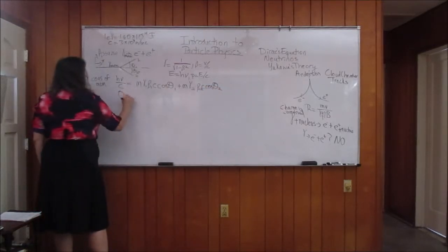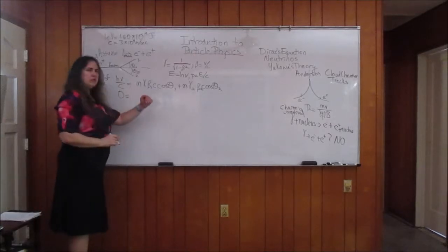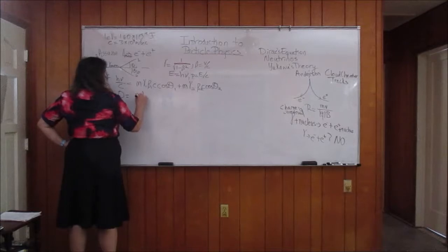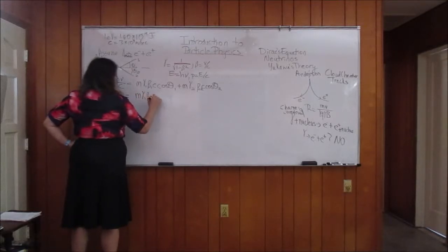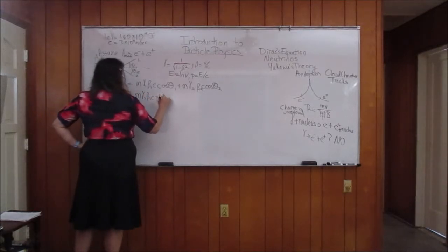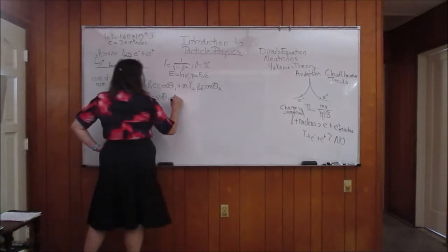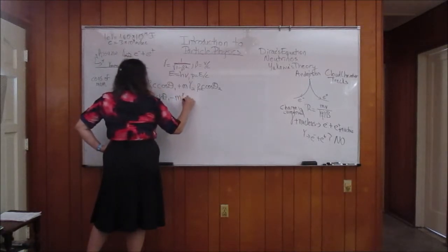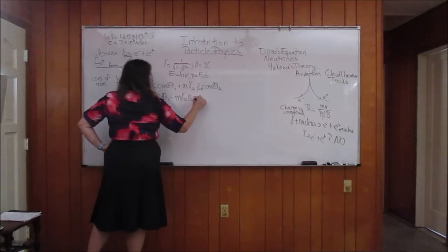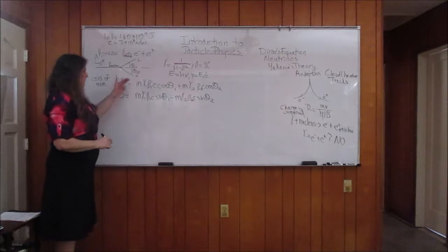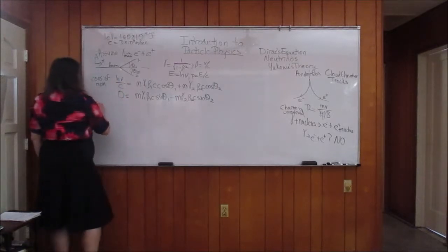Now, in the y direction, our photon is just traveling to the right, so the y component is going to be 0. We'll have mass times gamma 1 times beta 1 times c times sine theta 1, and then minus mass times gamma 2 beta 2 c sine theta 2. So that is conservation of momentum expressed here. And then we also have conservation of energy.